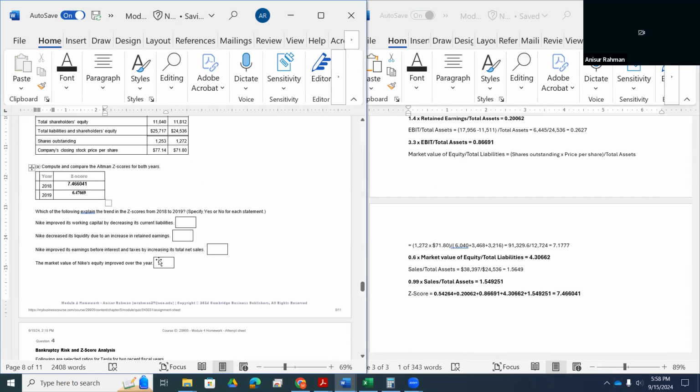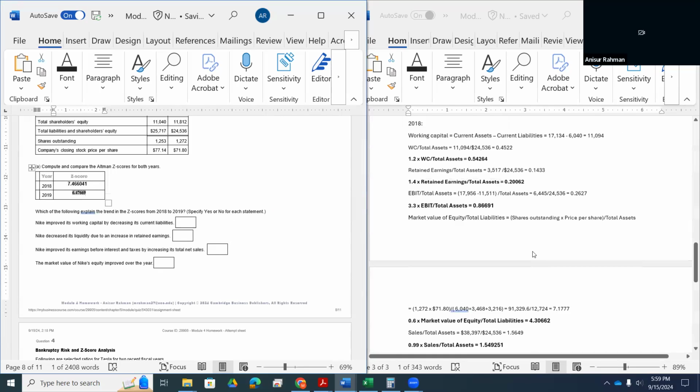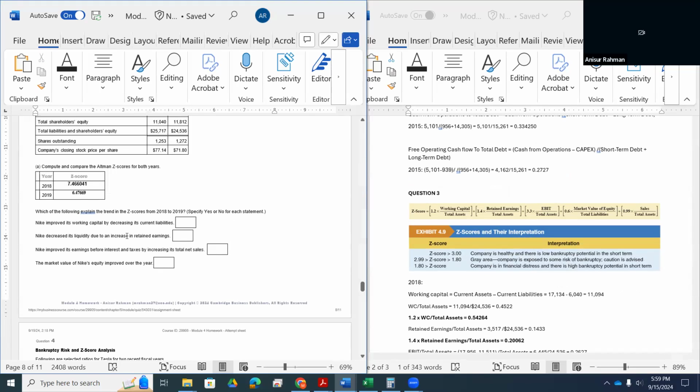Okay. Before I move on, if you compare 2018 and 2019 Z-scores, you can see that the company is in a healthy financial situation. There is low bankruptcy potential in the short term. Now let us move on to the next question.